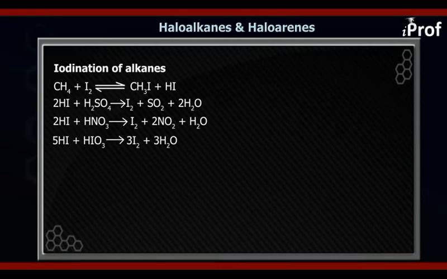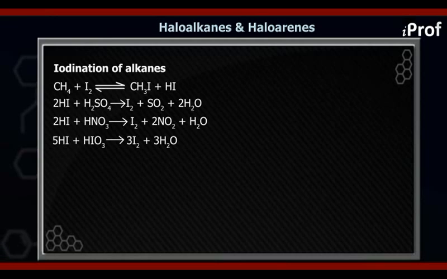HNO3 is known as nitric acid, and H2SO4 is known as sulfuric acid. So when we add this oxidizing agent in the reaction, it oxidizes HI to I2 as soon as it is formed. So the reaction gets driven in the forward direction.